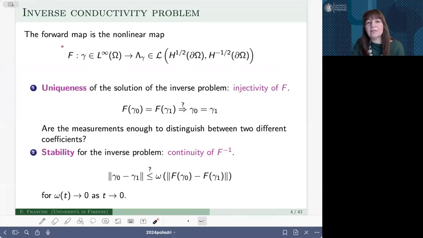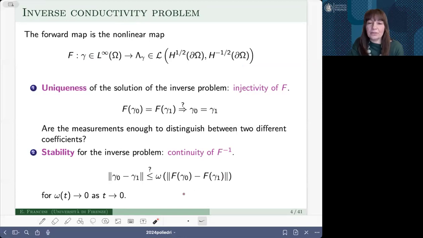And so the inverse problem that we are dealing with concerns the inversion of the map F that takes the function gamma, which is in general a function in L-infinity of omega, to the Dirichlet-Neumann map. This is the nonlinear map that we would like to invert in a stable way. In this inverse problem, uniqueness is injectivity of this forward map F, and stability is continuity of the inverse map.